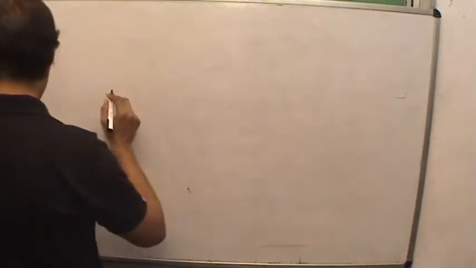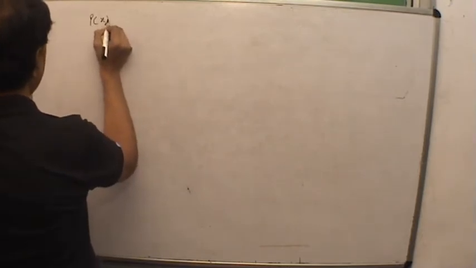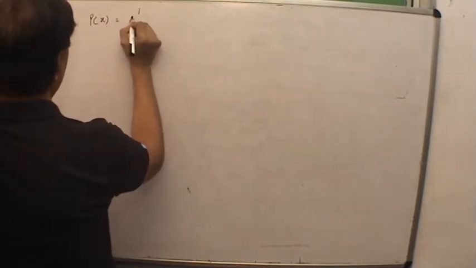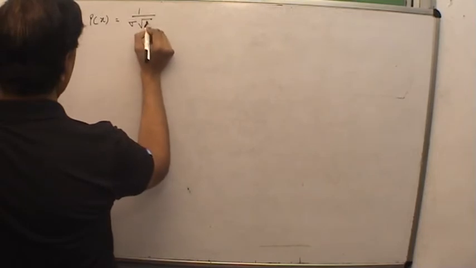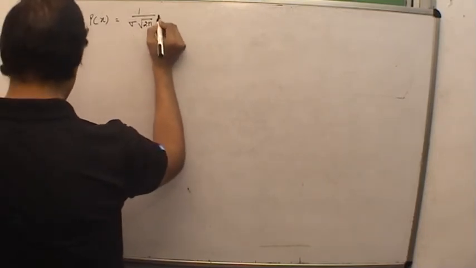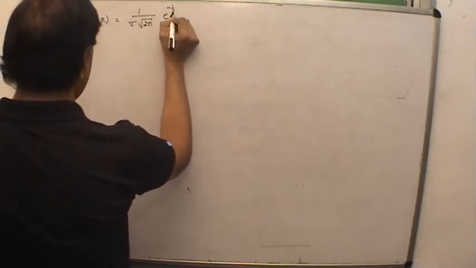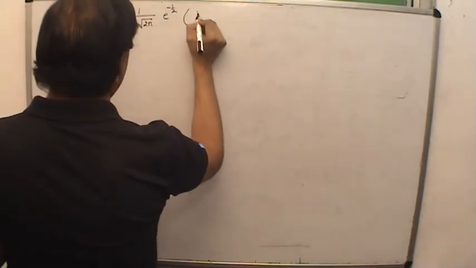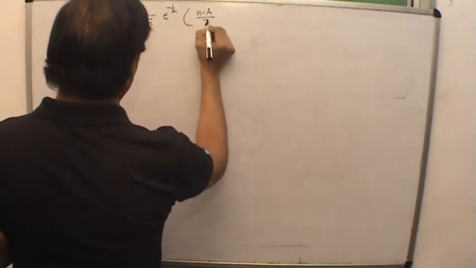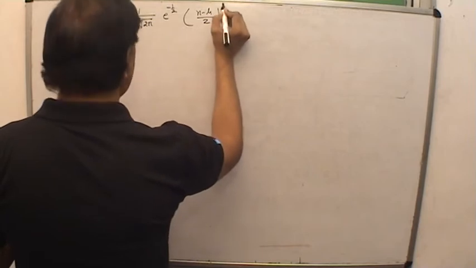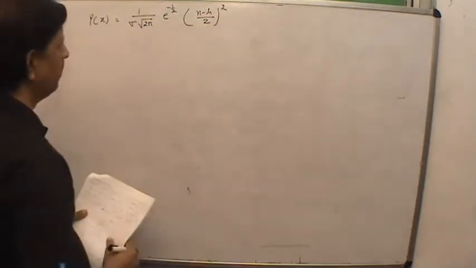For the normal distribution, here P(x) is equal to 1 upon sigma under root 2 pi, where sigma is the standard deviation, into e raised to the power minus half into (x minus mu upon sigma) squared.